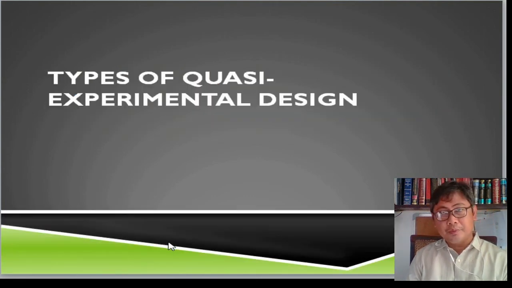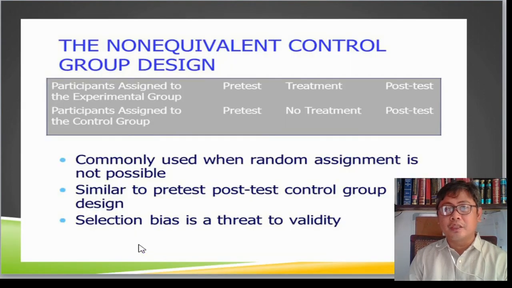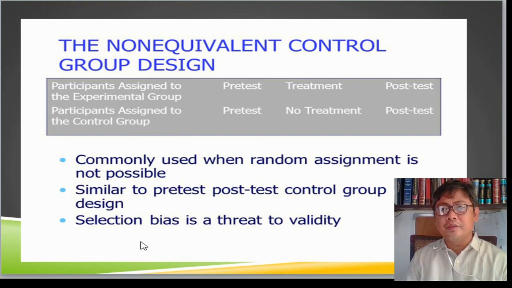So there are types of quasi-experimental design. The first type is the non-equivalent control group design. This design is commonly used when random assignment is not possible. So meaning there's no randomization. That's why it's called a quasi-experimental design.